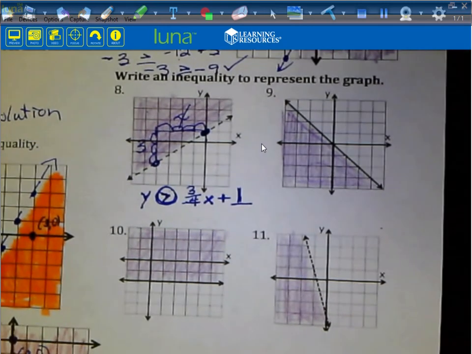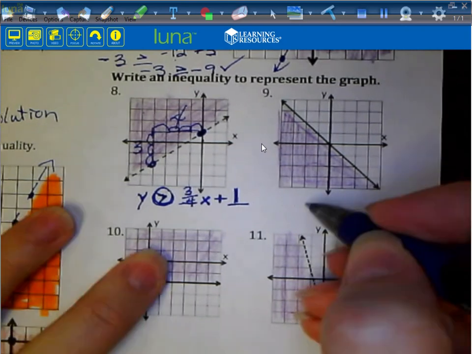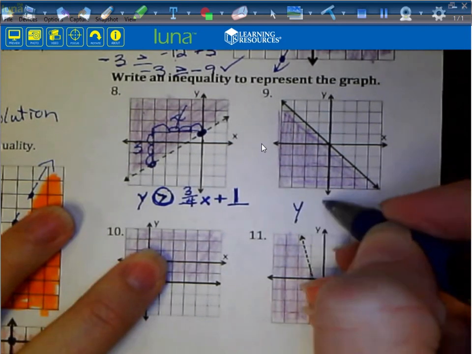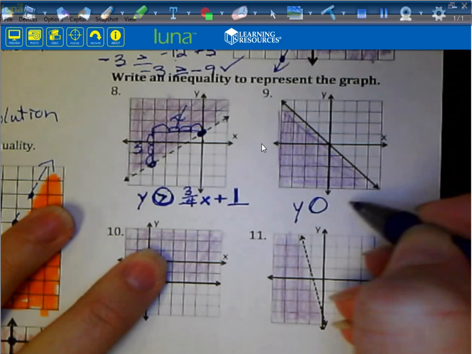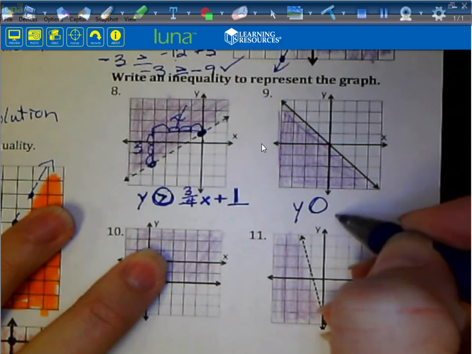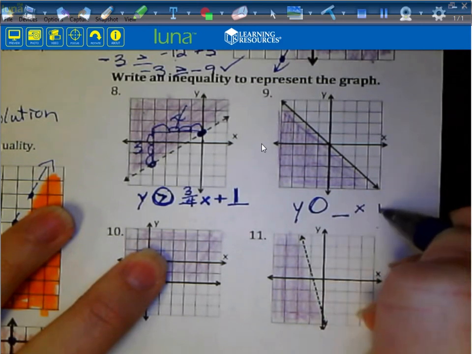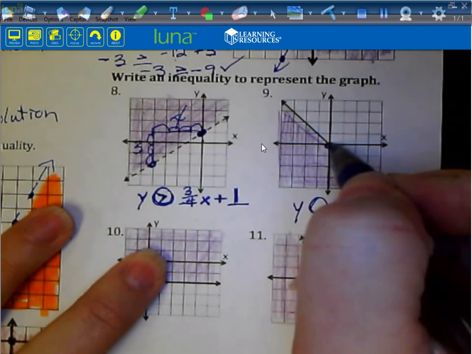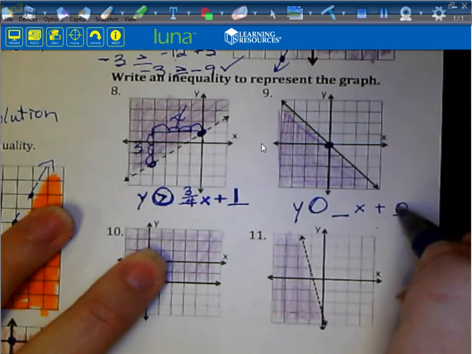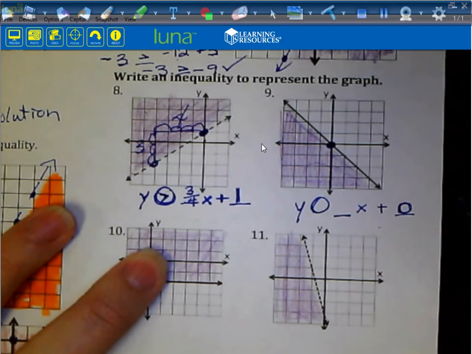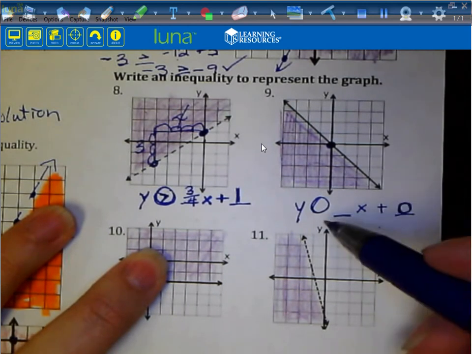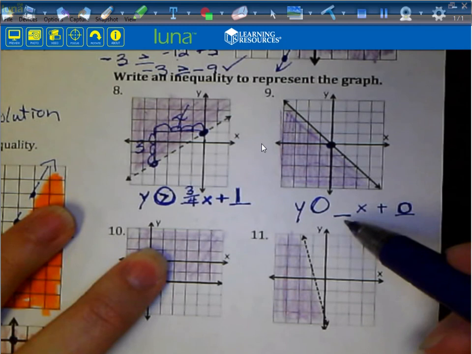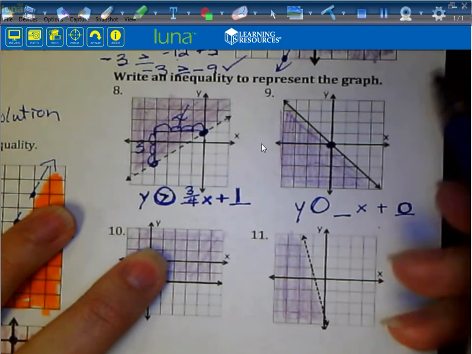Now let's look at number 9. Again, I'm going to say y is either less than or equal to blank x plus blank. Now here my b, or my begin, is actually 0. So when I fully simplify this, it would actually just be y is less than or equal to blank x. Now I'm going to count my slope.